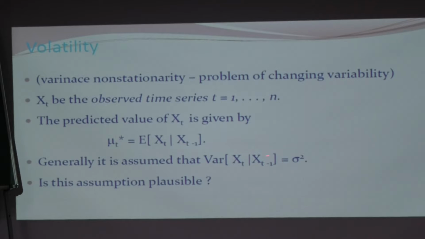We assume that this is constant, but is this assumption plausible? This is something that started in the 1980s with a very famous paper by Engle that came out in 1982. In fact, for his work on this, he got the Nobel Prize for the ARCH and the GARCH models, etc. So that's where it started in the 80s.